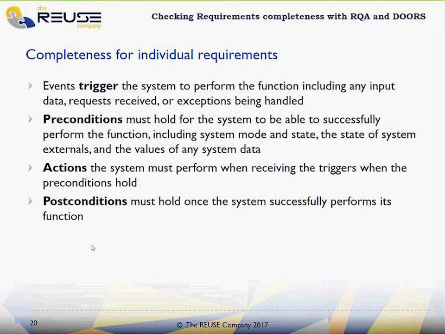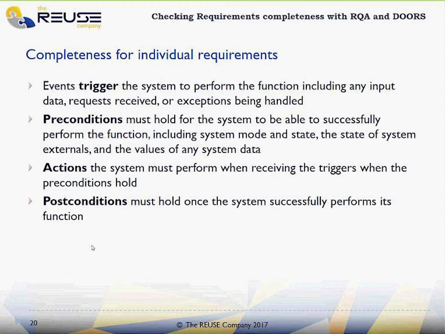However, requirements completeness is not only about how to identify a complete set of requirements, but sometimes we can also address requirement completeness for individual requirements. So for each of our requirements, we have to consider that it's not only the action that we expect our system to perform.